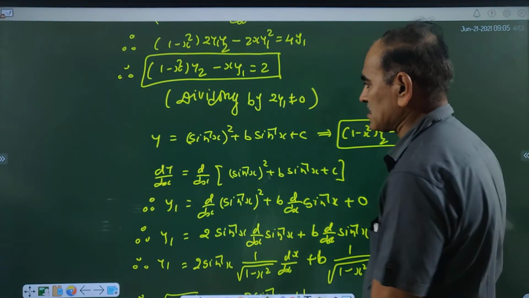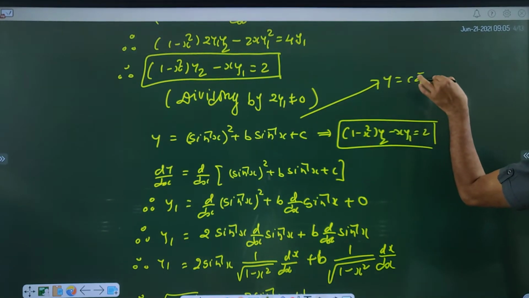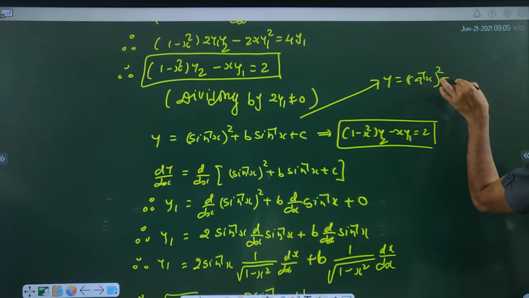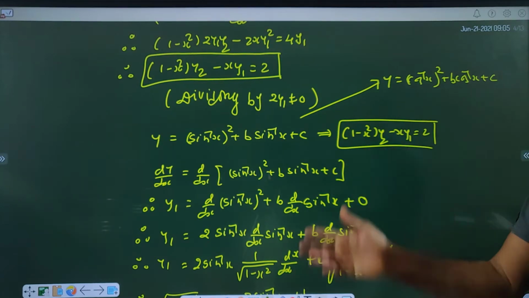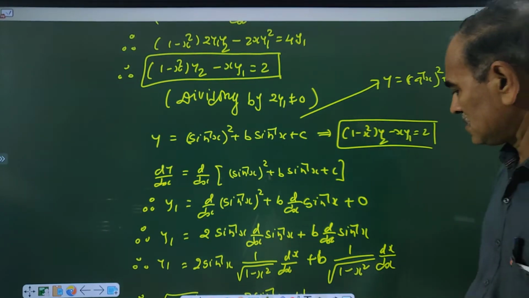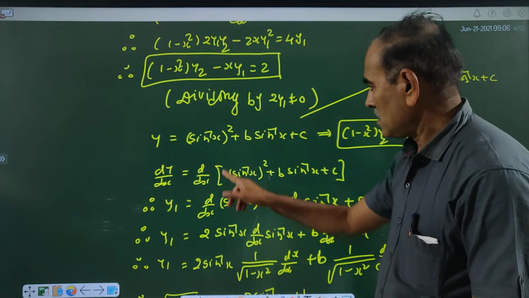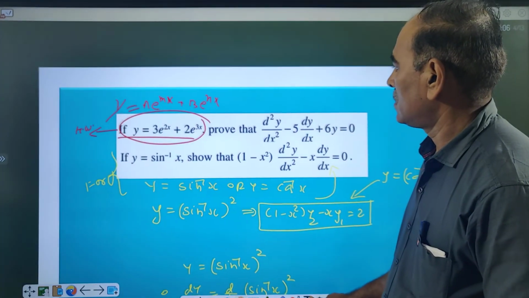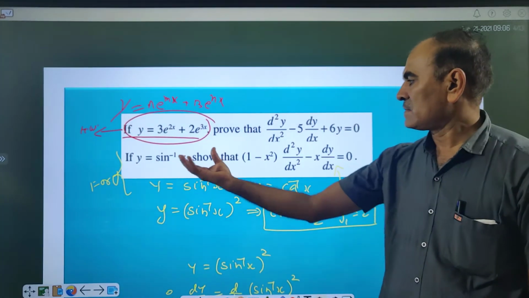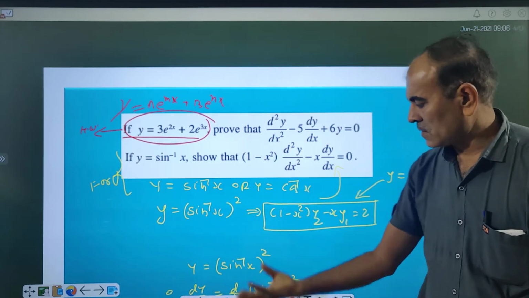Now in place of sin, they can take cos inverse also. y is equal to cos inverse x whole square plus b cos inverse x plus c. On the same line you can solve that also. So if it is sin inverse x only or cos inverse x only, then we can solve it likewise.